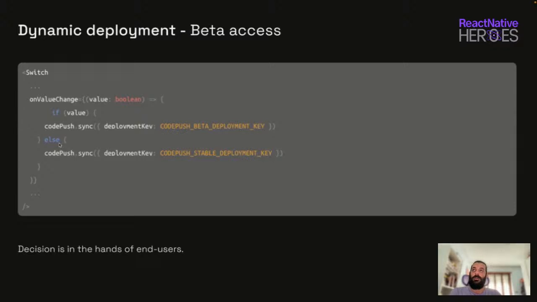For example, your settings page could have a toggle for enabling beta access. In this way, your user can manually choose to download the beta version of the app or the stable version of the app. But this solution puts the decision in the hands of the end users.